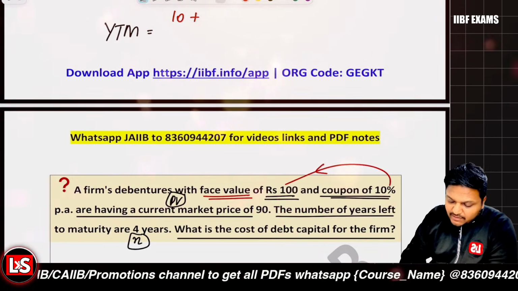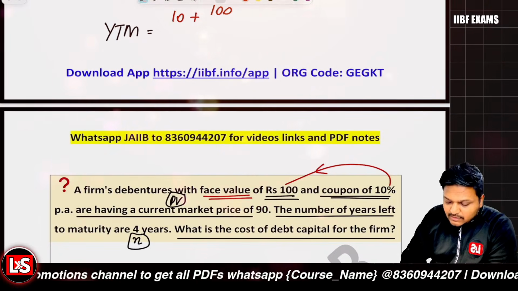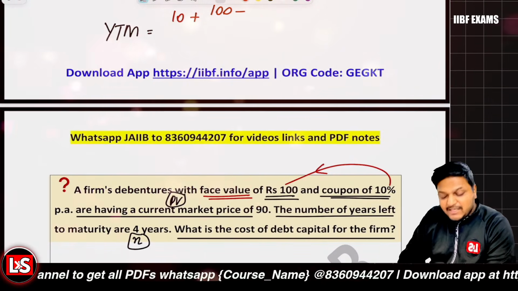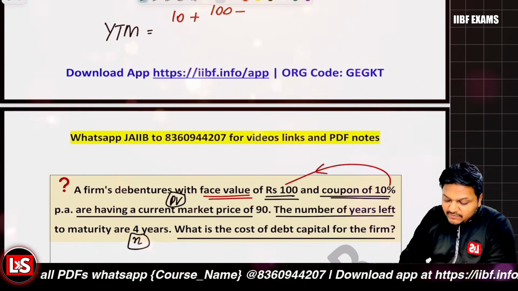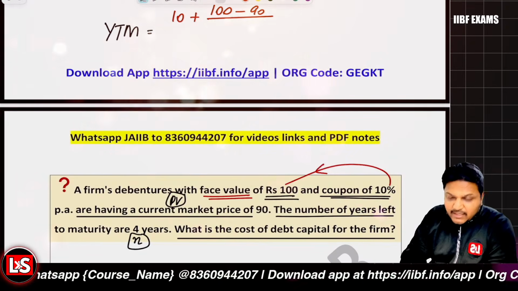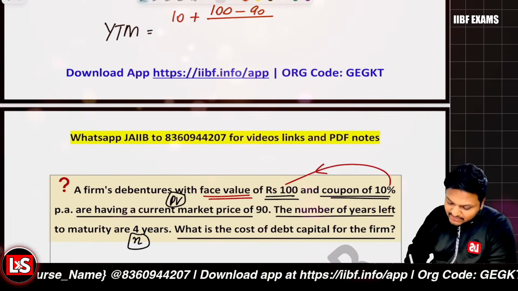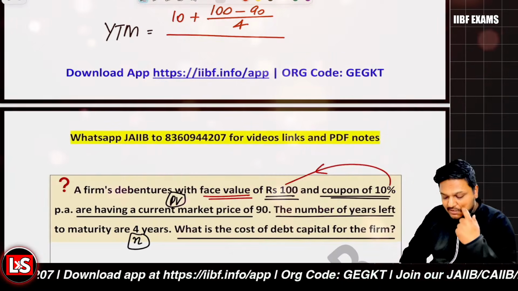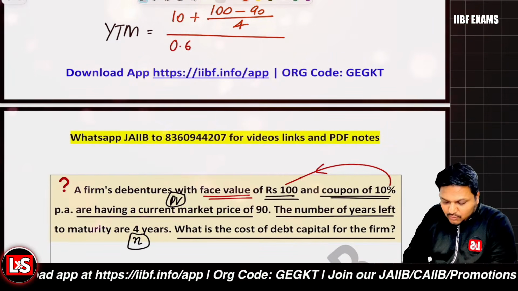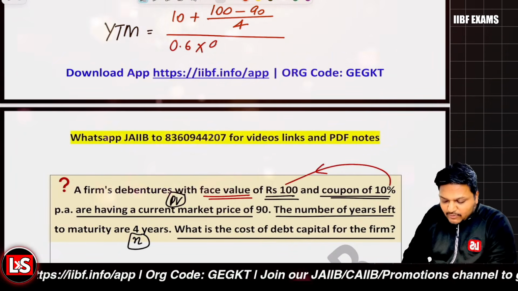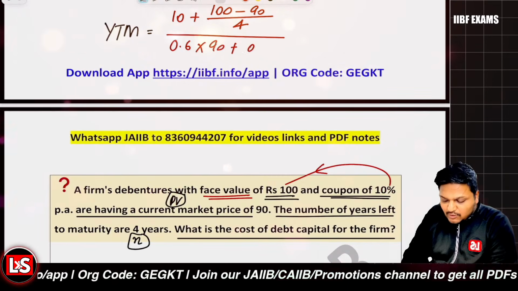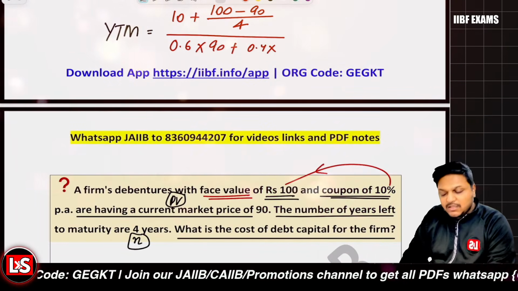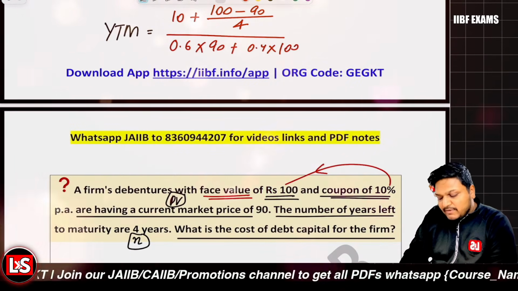That's the face value we get. So it is 100 rupees minus the present market value, that is the PV, 90 rupees, divided by the number of years of residual maturity, that is 4, and further divided by 0.6 into the present value, that is 90, plus 0.4 into the maturity value, that is 100.